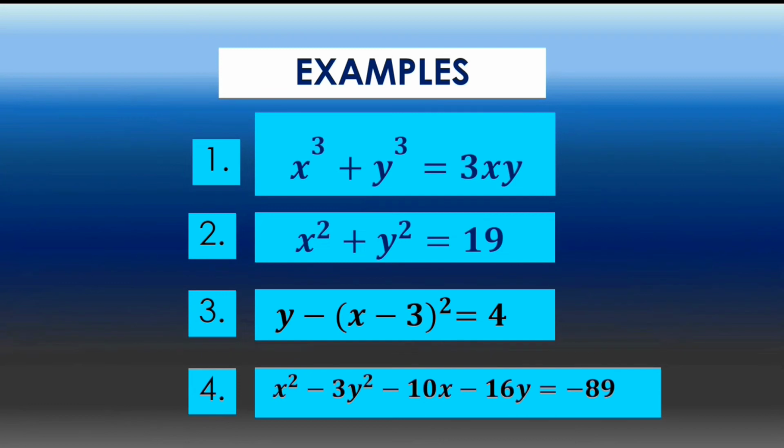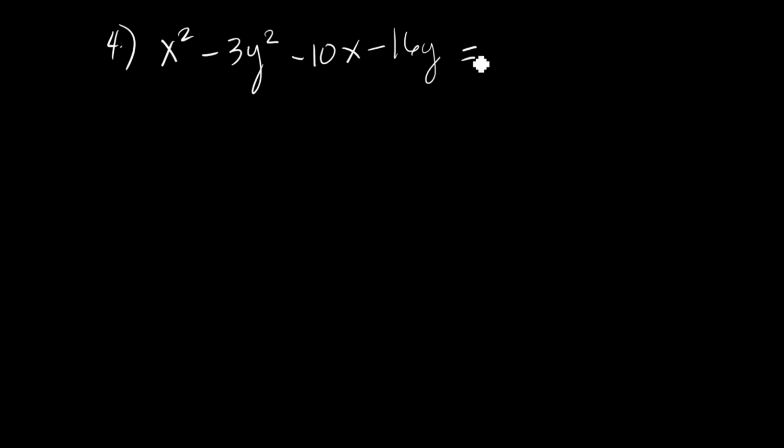Let us just switch to the black screen. Okay. So the given in number 4 is x squared minus 3y squared minus 10x minus 16y equals to negative 89.